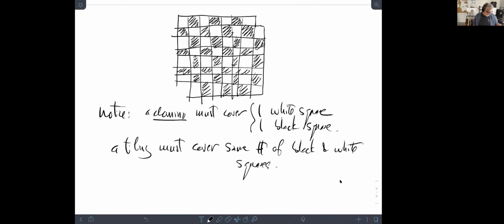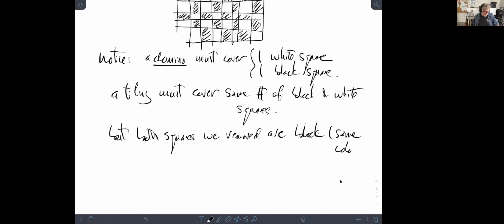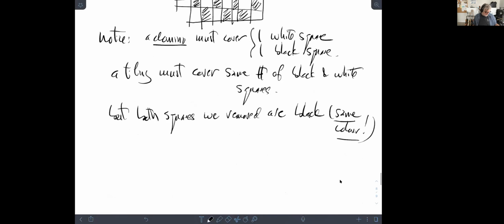But look, the squares we removed are both black squares, the same color. So it's not going to work, right? Because if I start placing dominoes, black, white, black, white, black, white, black, white, I'm going to run out of black squares. So no tiling is possible.